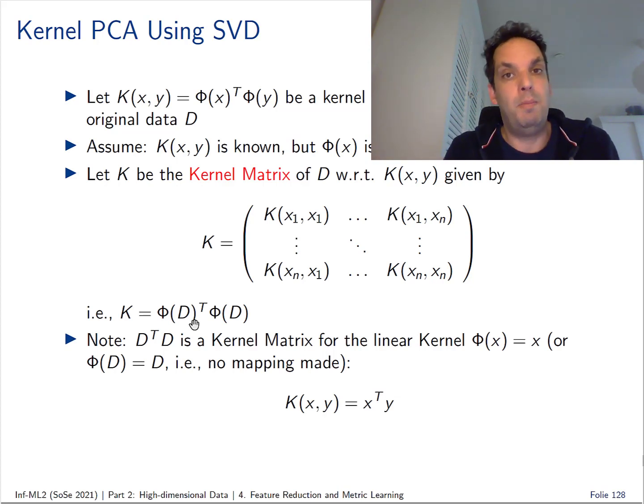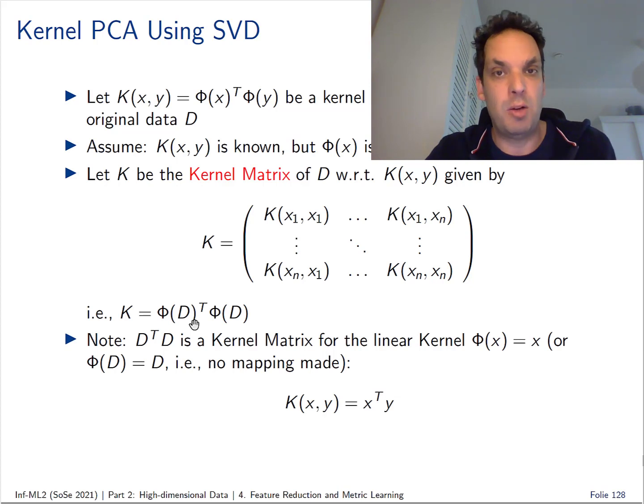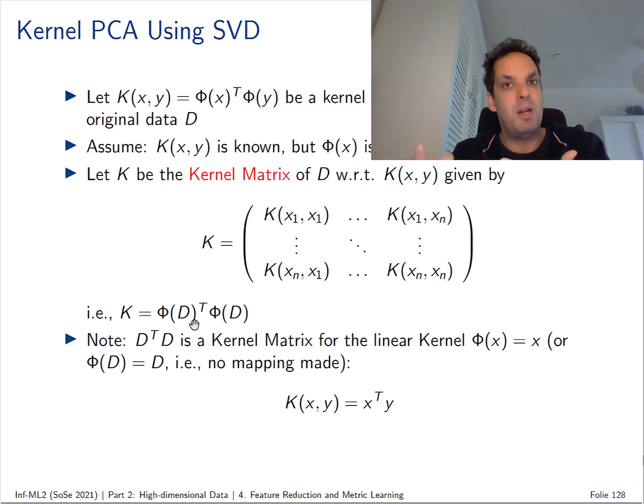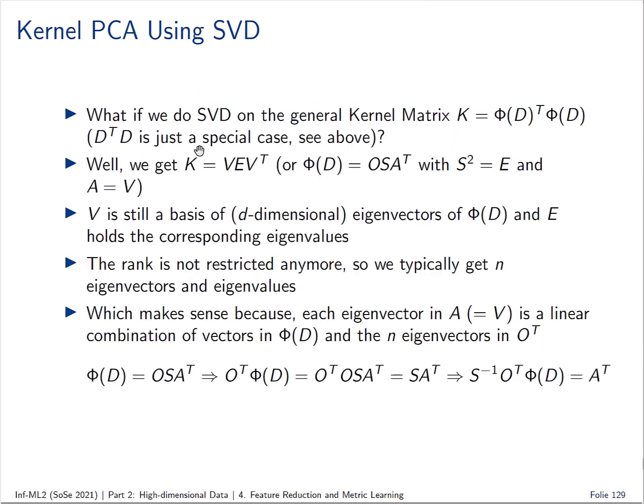Now we applied SVD on the covariance matrix in order to get the eigenvalues of the original data set. If we do that now with the covariance matrix of the transformed data set, we'll get exactly the eigenvalues and the eigenvectors of the transformed data set after the mapping. And that's what we actually get. We just do that and we'll get exactly what we got before.